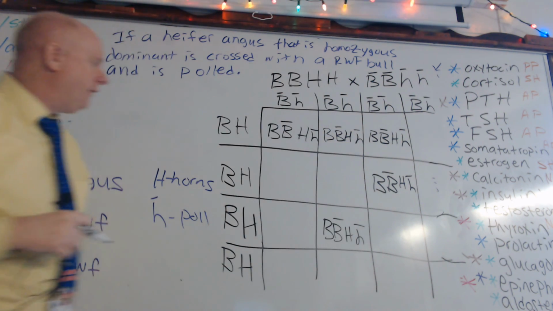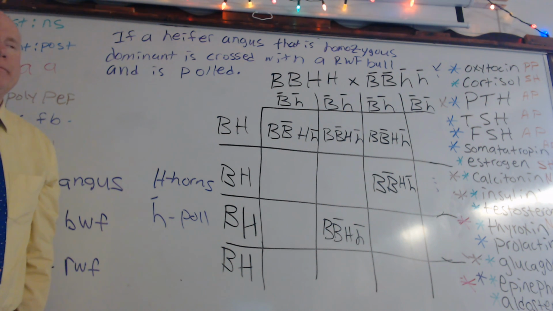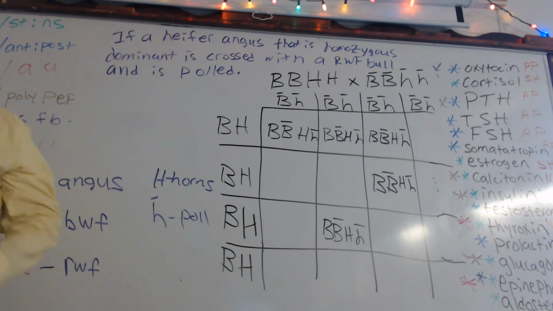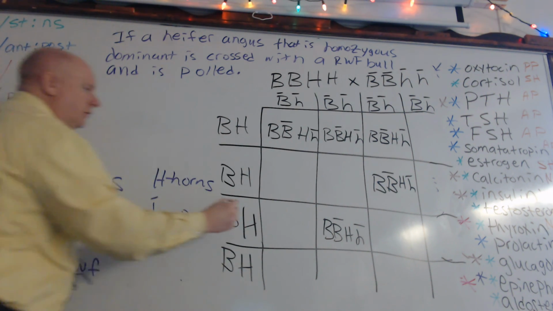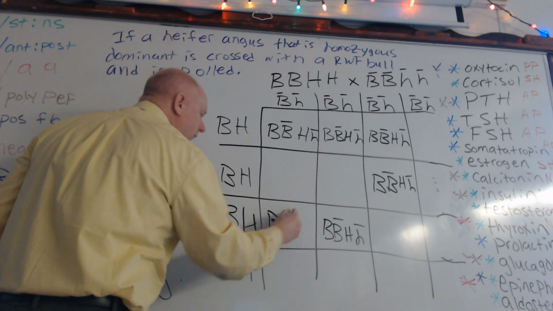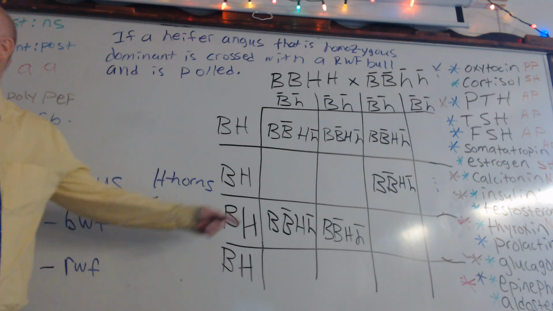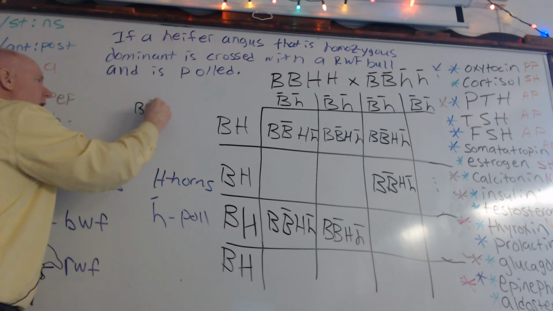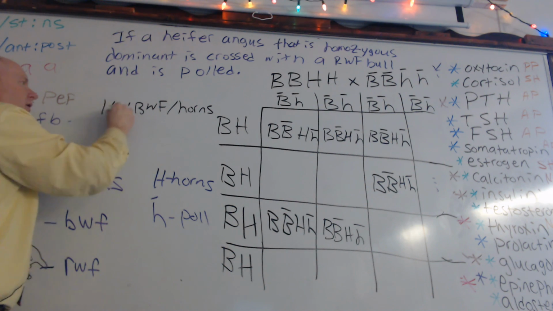They're all black-white face with horns. Okay. We're right at 33.5 minutes, so I think I will close that down. You can fill out each and every one of them. I guarantee you're going to get the same thing. We've got black, white face with horns, and there are 16 of them.